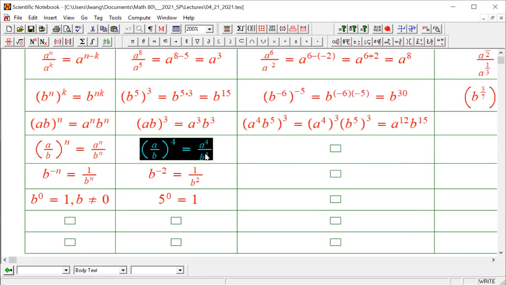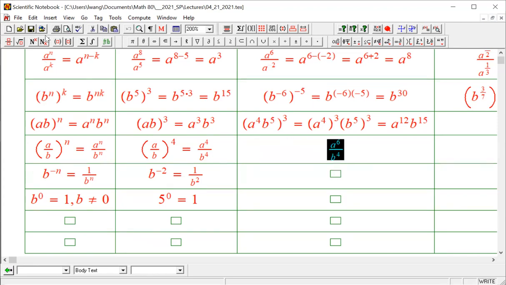And the next one was division. With the division part, that's going to be a to the power 6. Hold on, something dropped. Okay, so it's a to the power 6 inside the parentheses, over b to the power 4.